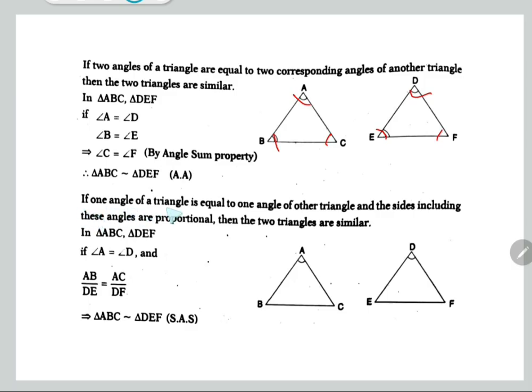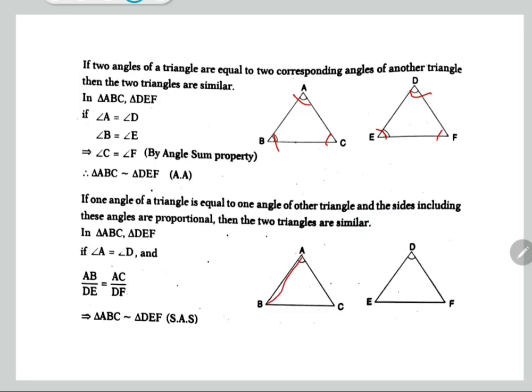If one angle of a triangle is equal to one angle of the other triangle and the sides including these angles are proportional, then the two triangles are similar.